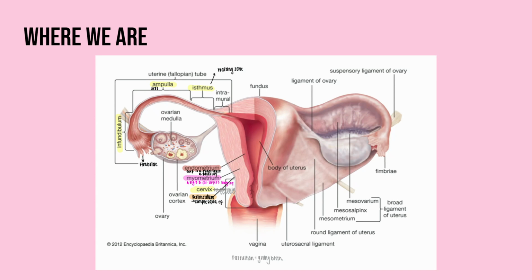It's 2 hormones. Okay, so corpus luteum releases estrogen and progesterone.